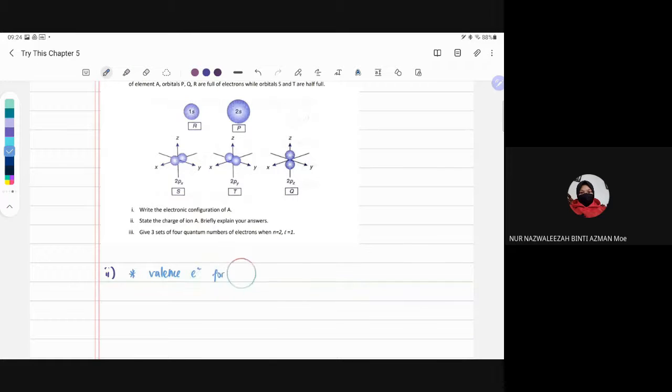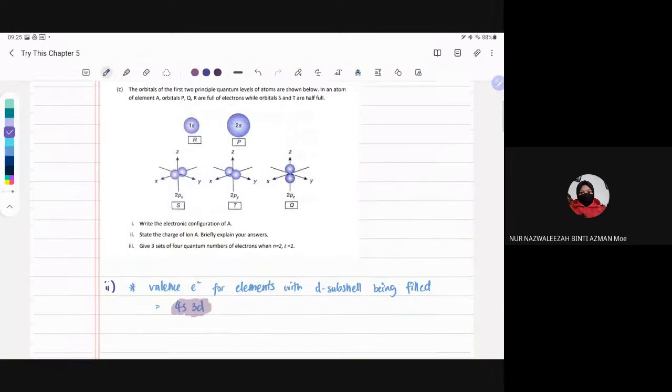Electron for elements with d subshell being filled for s3d. This would be dia punya valence electrons.